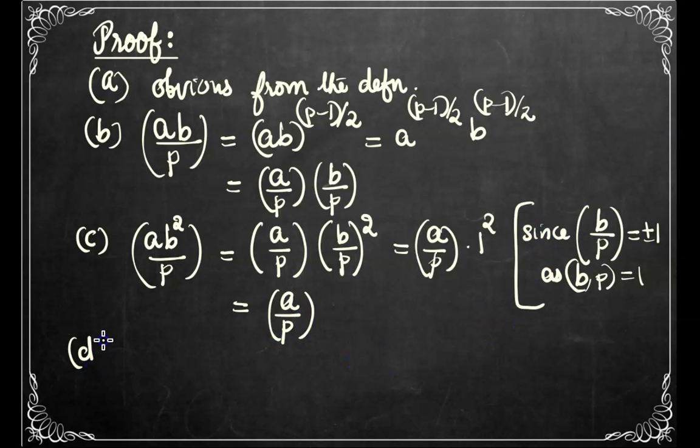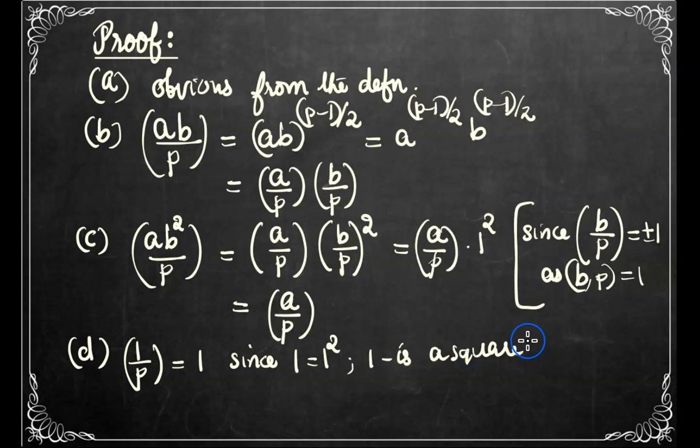In all these cases, we will have the result equal to the Legendre symbol (a/p). Now, for the fourth property, we can observe that the Legendre symbol (1/p) is equal to 1, since 1 can be expressed as 1², which means that 1 is a square, or a quadratic residue modulo p.